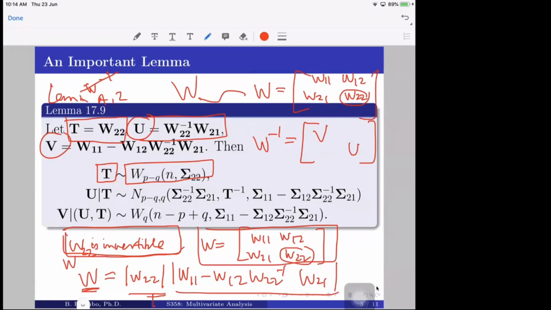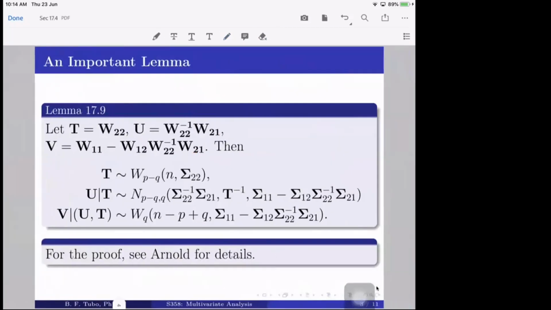Okay? If W is invertible and the inverse exists, then, the next, what I wrote earlier: if W is invertible, the inverse exists.